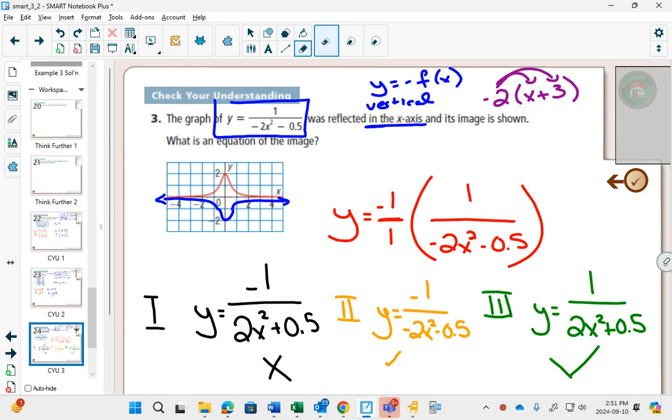So the orange one said, if you kept the negative on the top, multiplied the top by negative 1 and the bottom by positive 1, that would match up perfectly. Or if I put the negative on the bottom, because that's still negative 1, then I would get the green. So again, just a little bit of algebra stuff, but that's another place where our brain plays tricks on us sometimes.